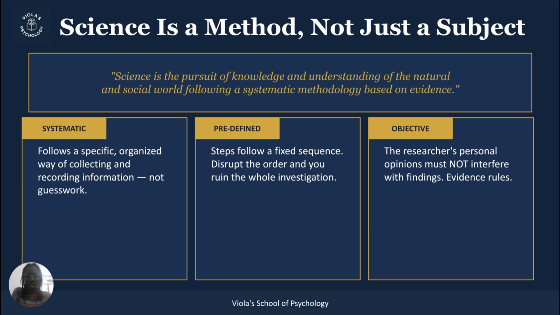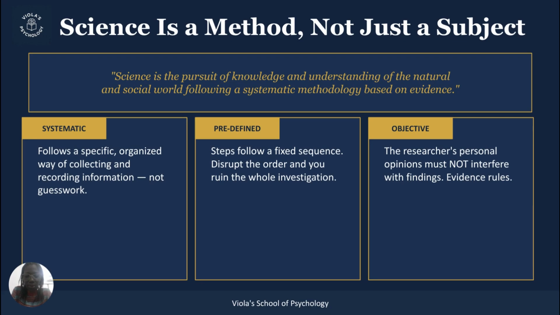Because 3 words here are actually doing a lot of work. 3 main words are doing a lot of work in this definition. And number 1 is systematic. What does it mean to be systematic? What does it mean if something is systematic? This means that there is an organized, structured process. You're not making it up as you go, okay?